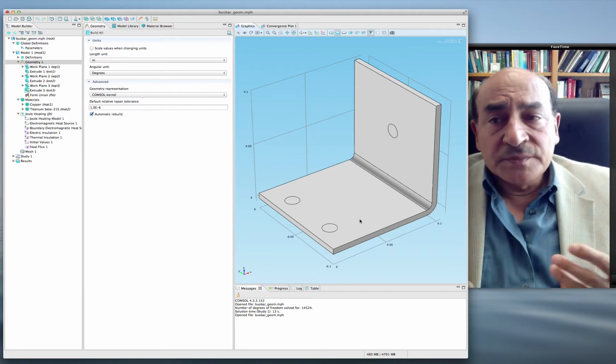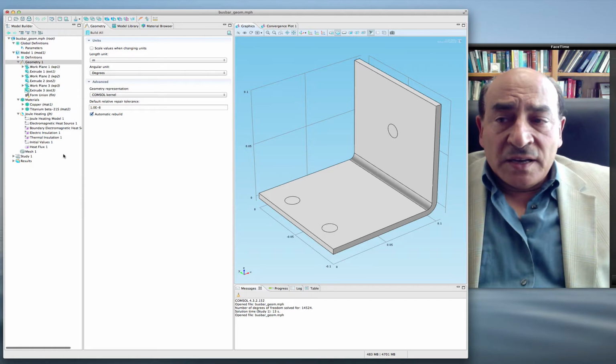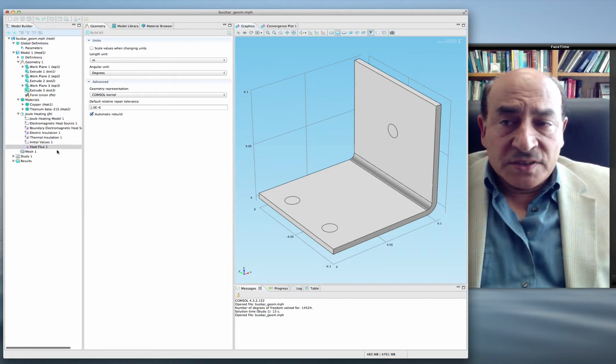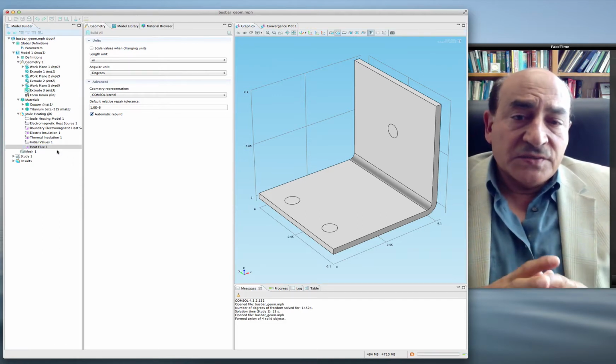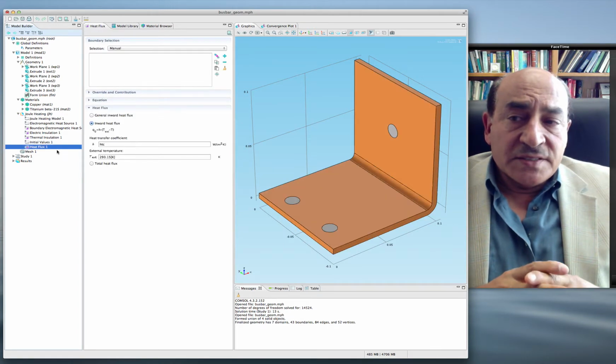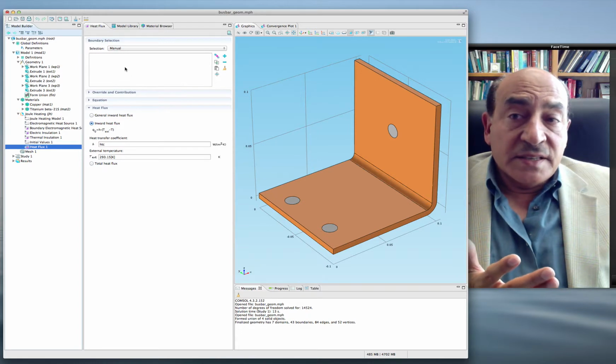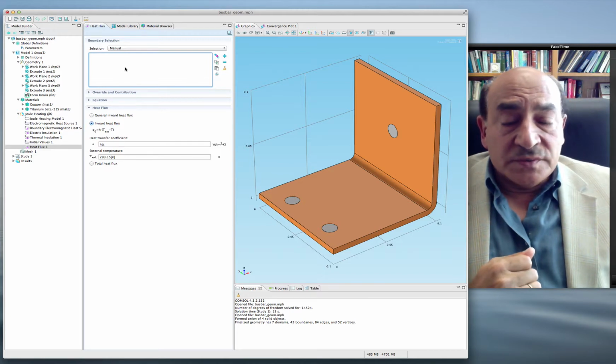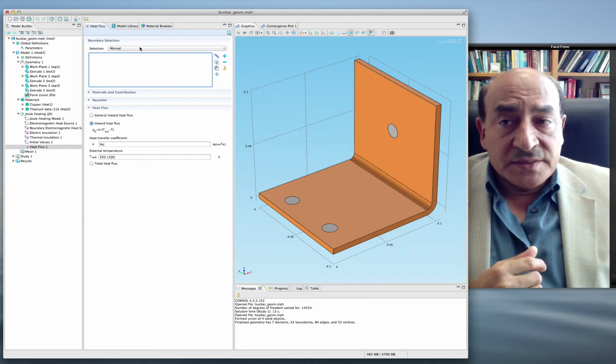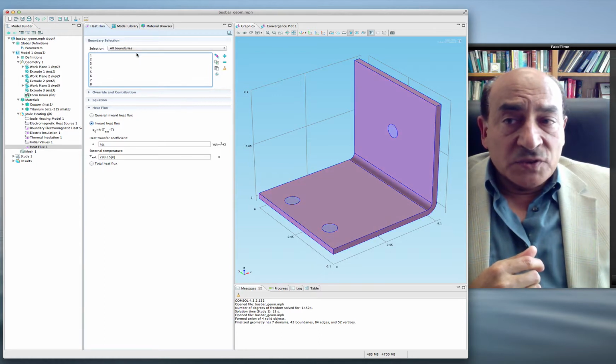Okay, so now I defined the heat flux. I was just having a diversion. The heat flux is defined, but it doesn't know what domain it will be defined on. What I would like to do is define it on all boundaries, which will be cooled, except for where the bolts are going to be fastened.